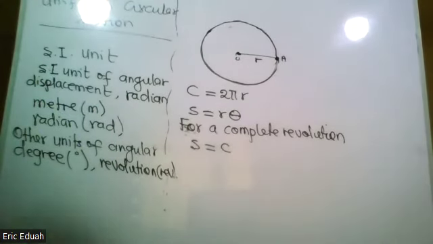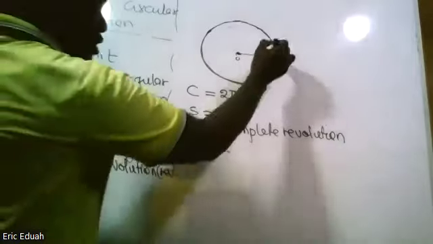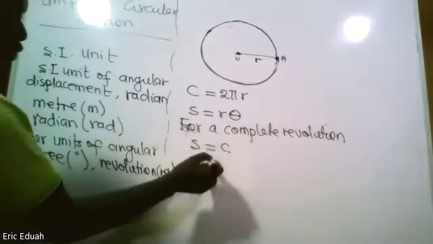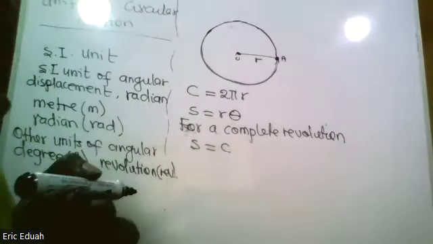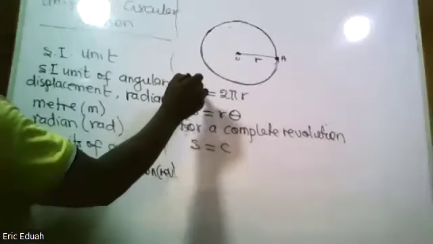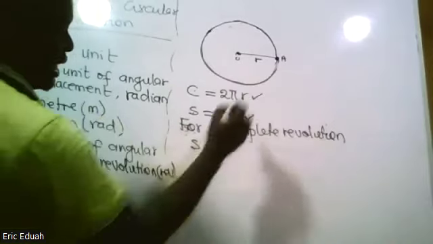True or false? True. Good. So S is equal to C, and this side must also be equal to this side.